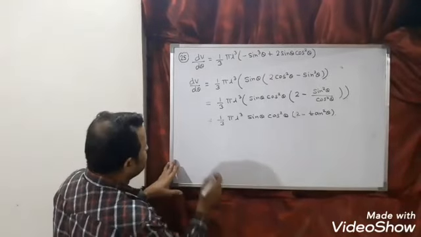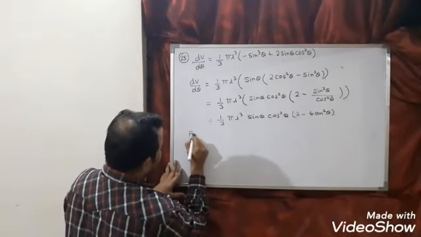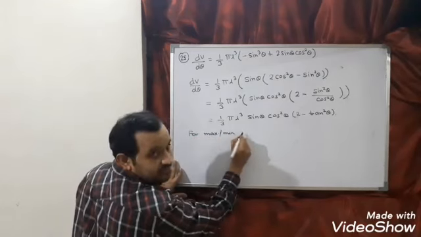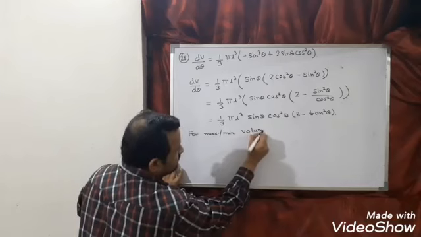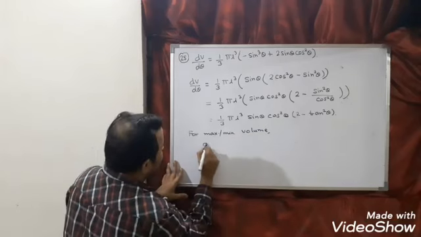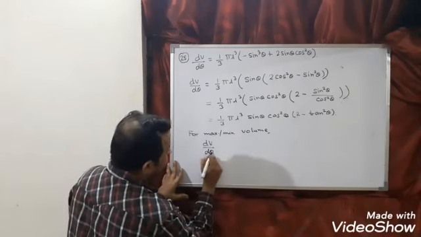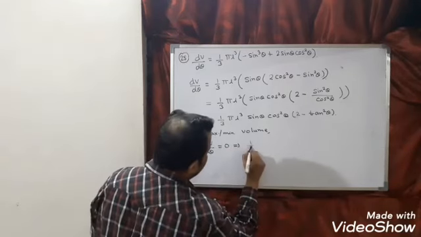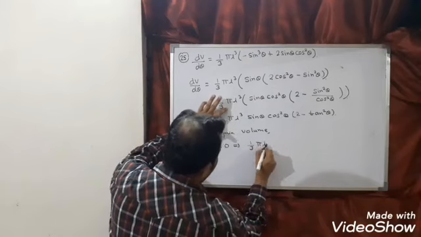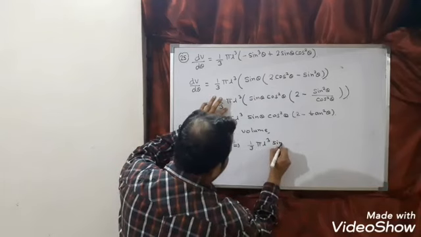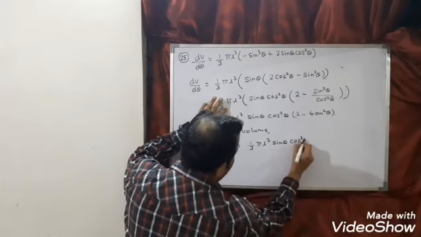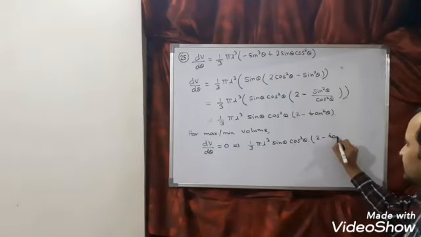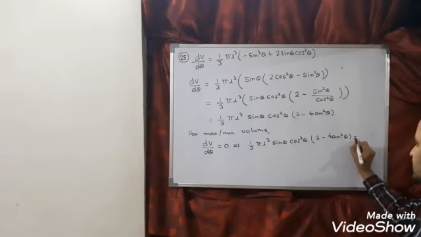So what we can do here is, for maximum or minimum volume, condition is what? dV by d theta is equal to 0, implies, tell me what you will get? 1 by 3 pi L cube sin theta cos square theta into 2 minus tan square theta is equal to 0.